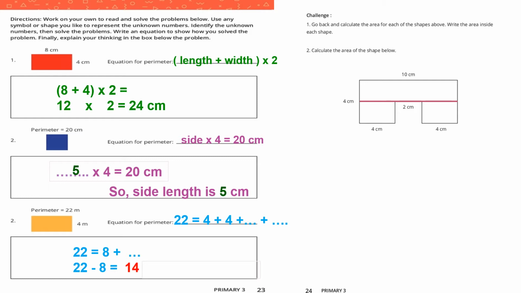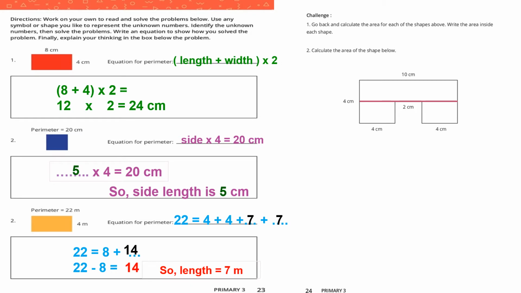So 22 equals 8 plus 14. 22 equals 8, which is 4 plus 4, plus 14. 14 equals what plus what? They are equal. 7 plus 7. So the length is 7 meters. I will write here 7 and 7.